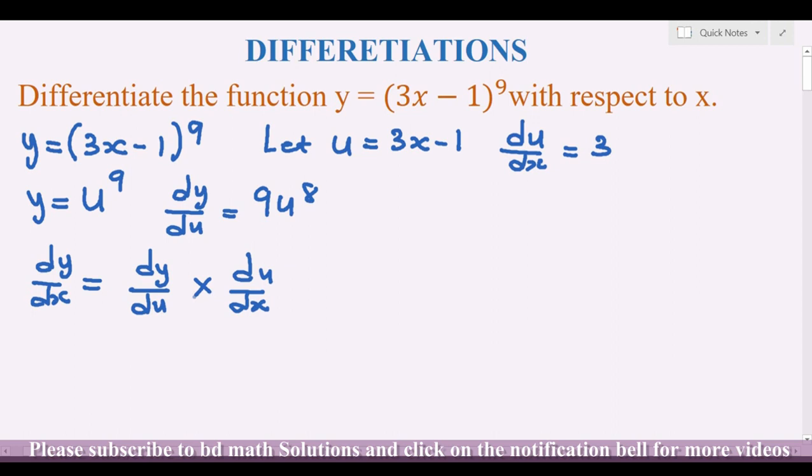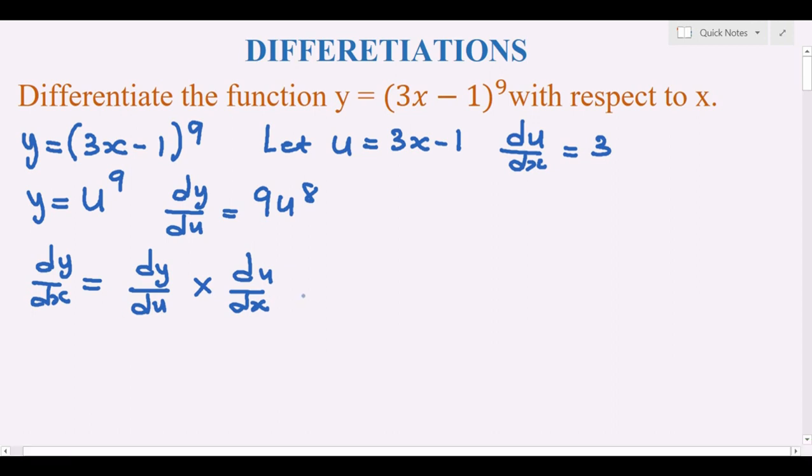You notice that our du will strike out and we'll still get back to dy/dx. This is the same thing as, what's our dy/du? Our dy/du is 9u raised to the power 8 times our du/dx, which is 3.